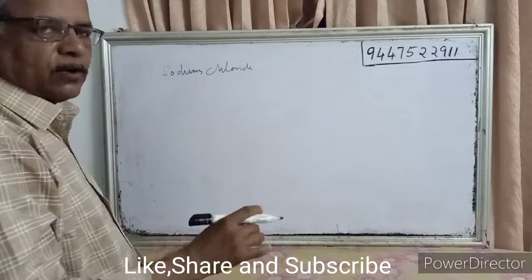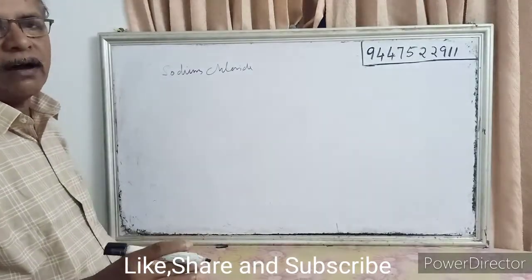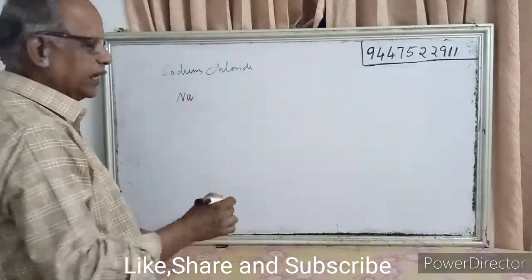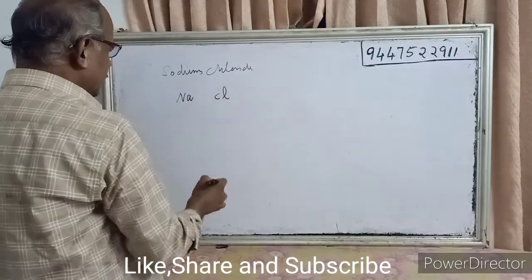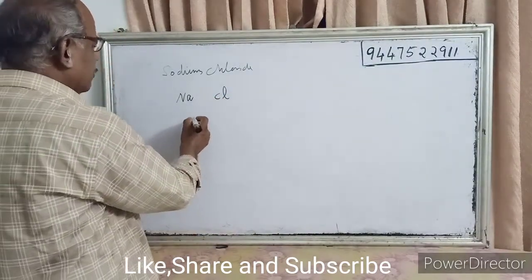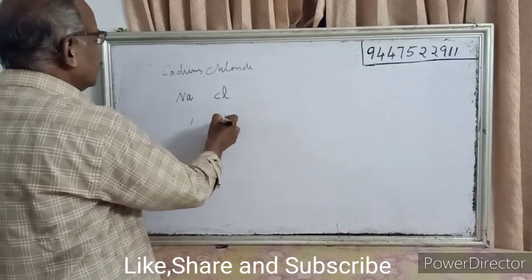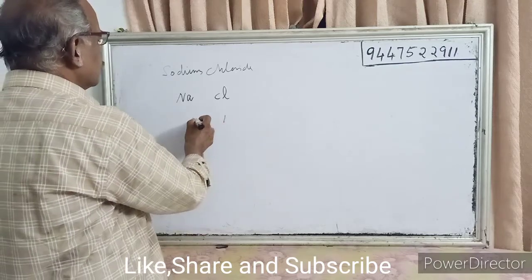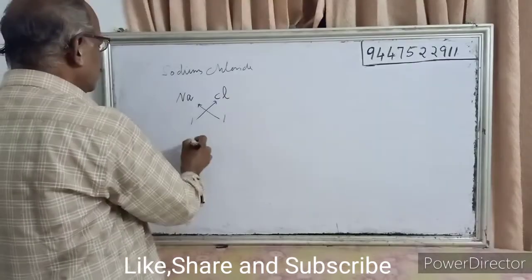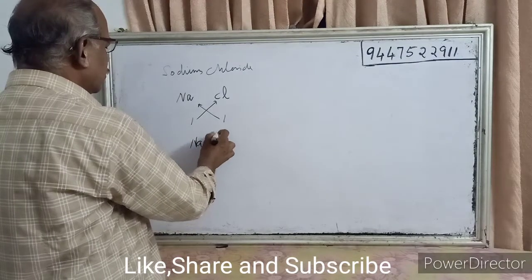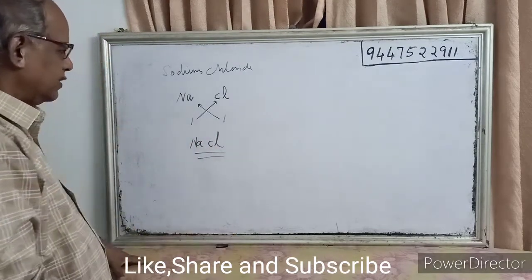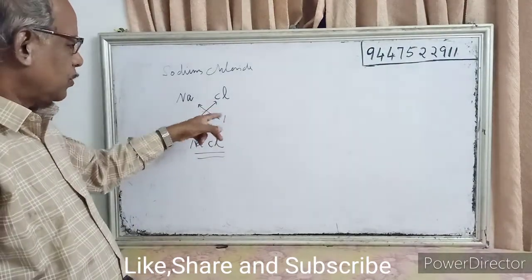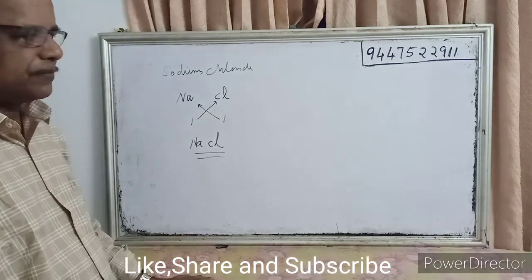First write the symbol of sodium, that is Na. Then the symbol for chlorine is Cl. Then write the valency below. Sodium valency is 1, chlorine valency is again 1. The formula is given by crossing these, so you get sodium 1 and chlorine 1. So this is the formula of sodium chloride. First write the symbol, then the valency below it, then cross it, and that gives the formula.